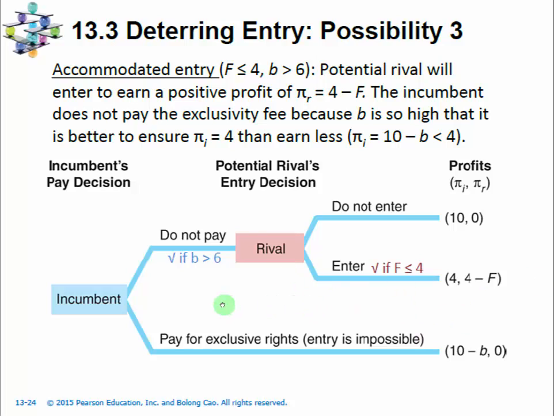In other words, the mall will only receive B if it is less than 6 and the fixed cost for the rival is less than 4. What we can see here is that finding out what you have to pay for the exclusion contract, or what your rival has to pay for establishing the new store, is very important in analyzing the sequential game.